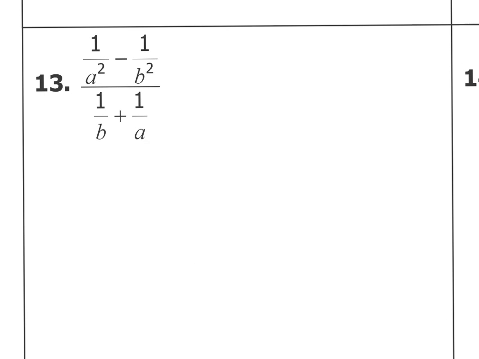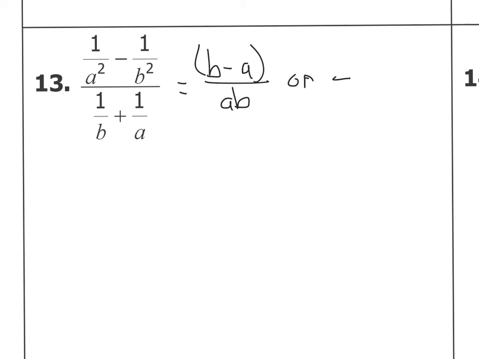Now let me give you the answers as I promised to these two so that you could do them if you wanted to. So the answer to this one is going to be b minus a in parentheses over ab. And it is possible, or you could have a negative out front.